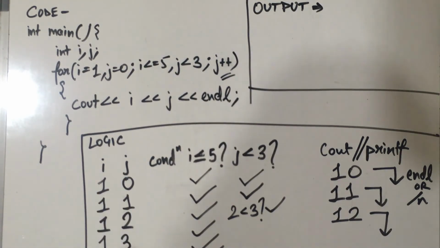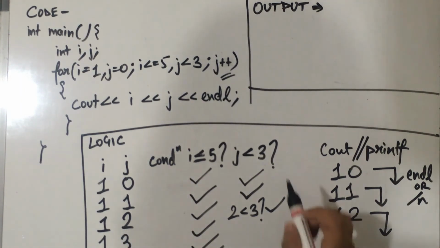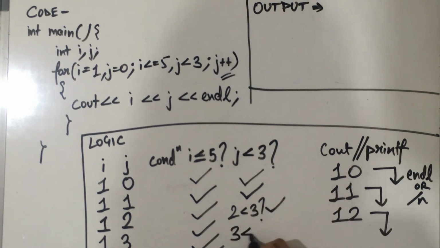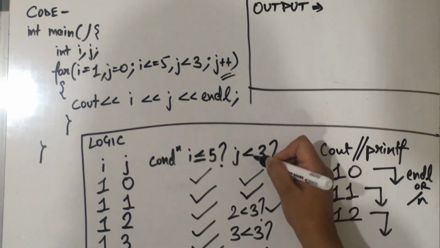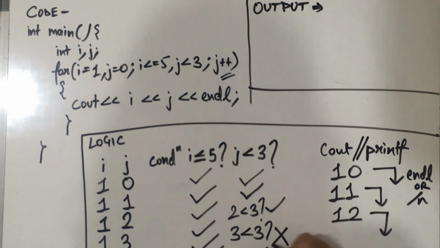The condition for i remains true no matter what. For j, is 3 less than 3? No, it's not. 3 is equal to 3, but we have only the less than sign here. So this is not true.